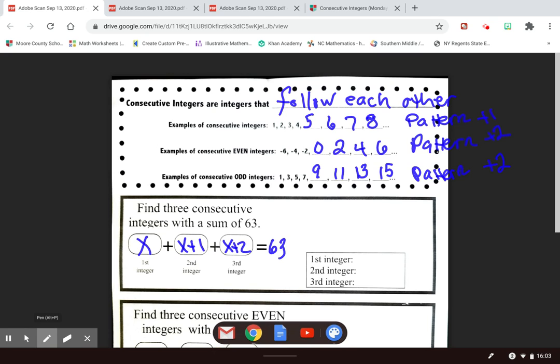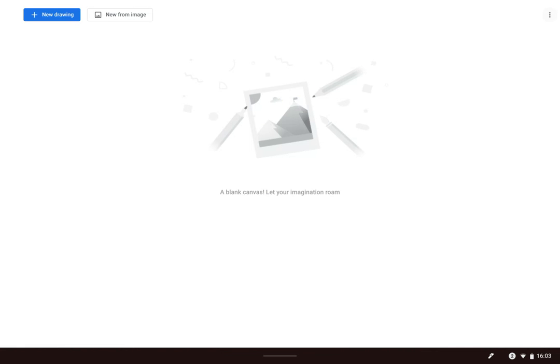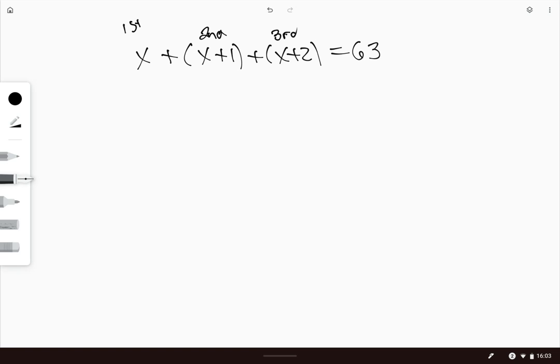So if I go to my Canvas board here, just so I don't confuse myself, I'm going to have x, plus (x plus 1), and I'm going to put those in parentheses, plus (x plus 2), and all of that equals 63. And this is my first, this is my second integer, and this is my third integer.